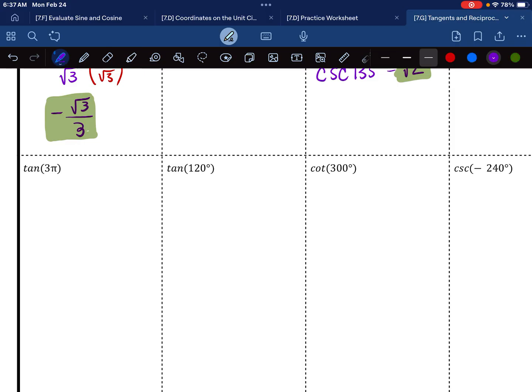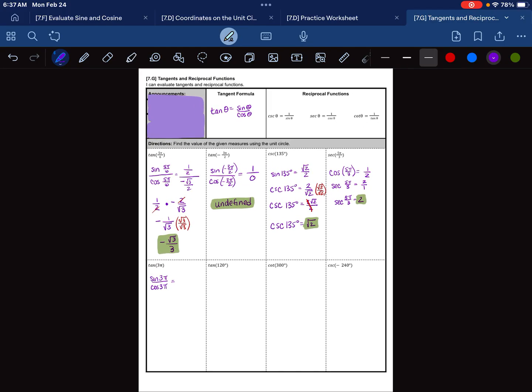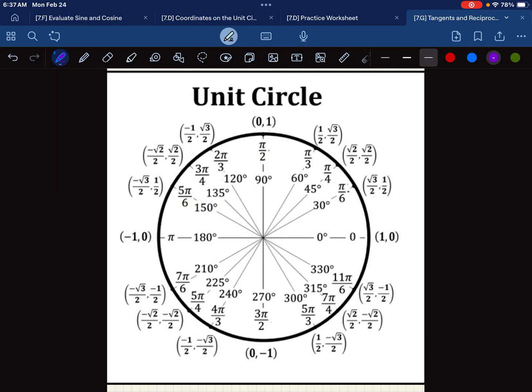All right, so now we're going to do the tangent. So the tangent of 3 pi is the same as the sine of 3 pi divided by the cosine of 3 pi. Now 3 pi is 180 degrees. All right, so here's 1 pi. Here's 2 pi. That means this is 3 pi.